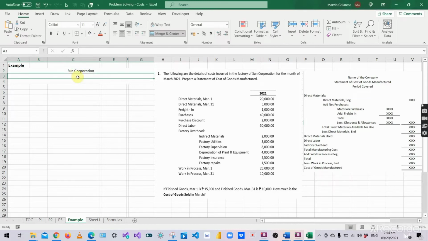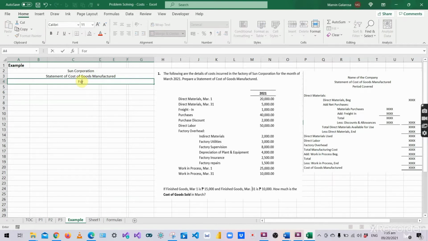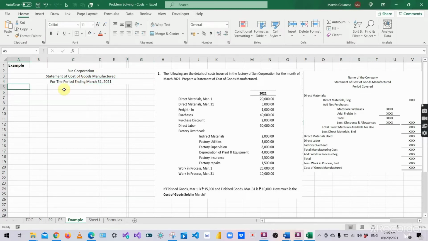Then yung title ng statement, Statement of Cost of Goods Manufactured. The period covered, which is March 2021. So for the period ending March 31, 2021.